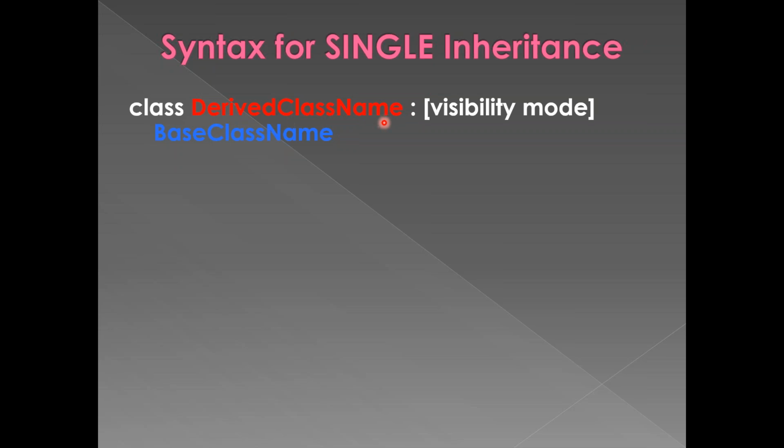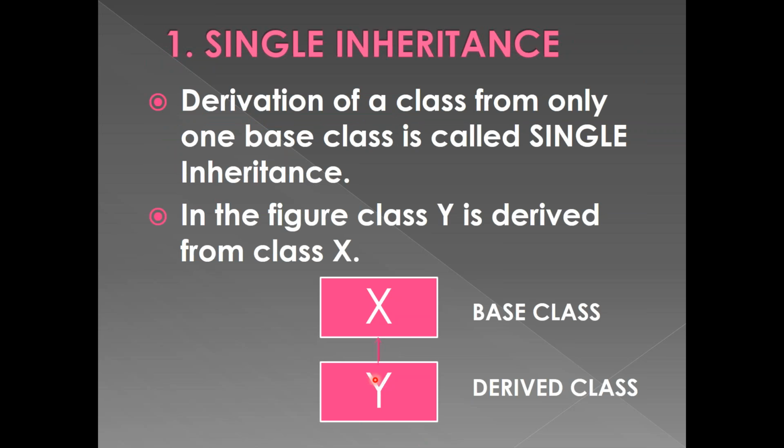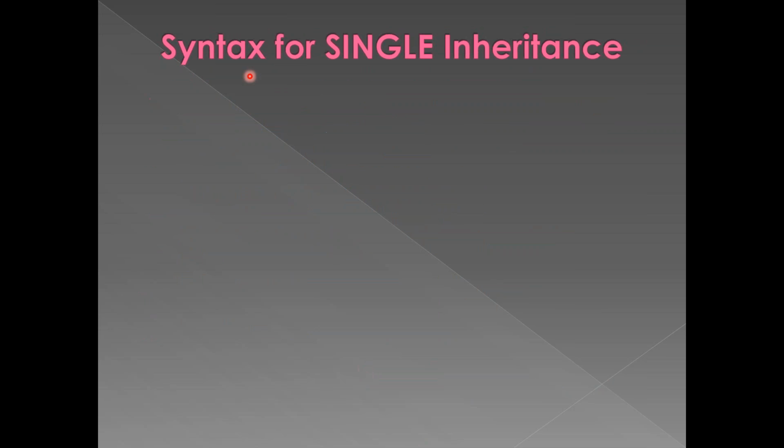What is the derived class here? Looking at the earlier figure, this is the derived class. So the syntax is class derived class name extends base class name. Our derived class is Y, so I need to write class Y. Extends is the keyword I use, so class Y extends X.